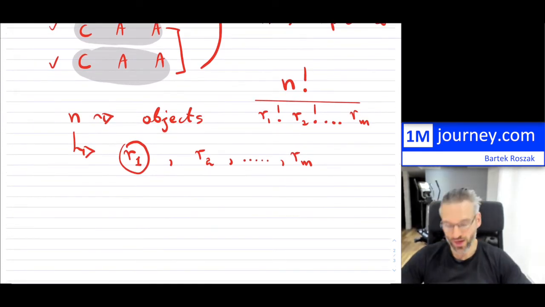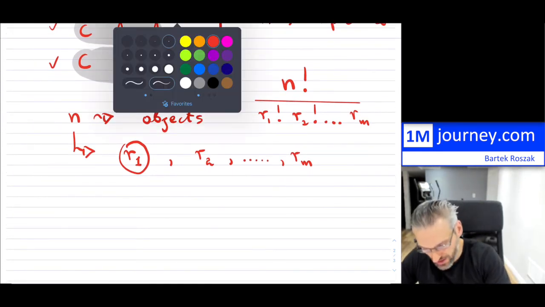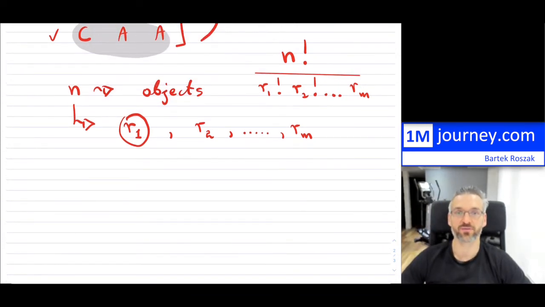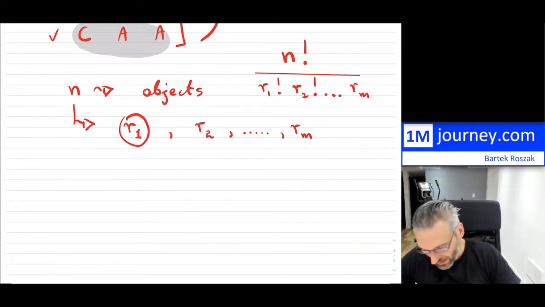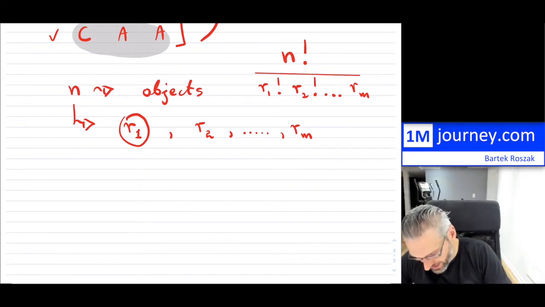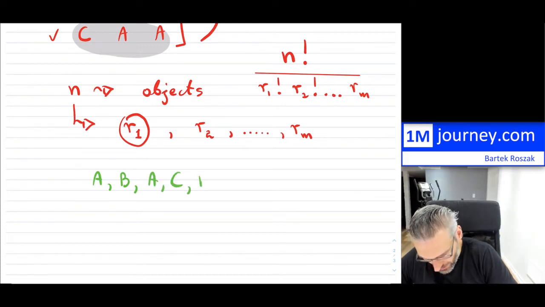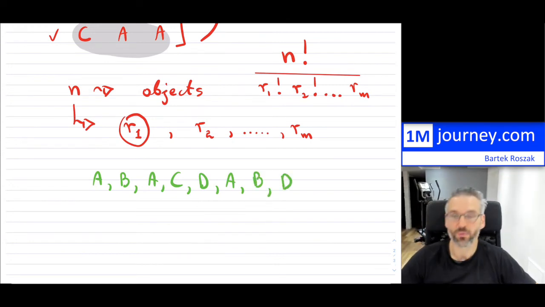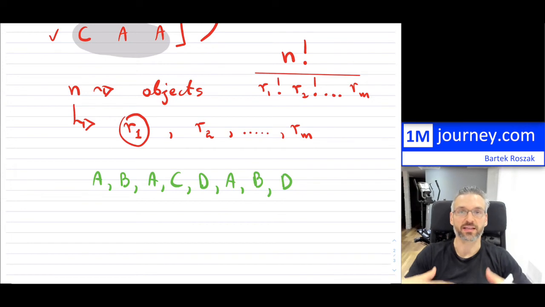So to illustrate this particular concept, let's say I had the following. Let's imagine that now I had, say maybe A, B, another A, C, D, another A, maybe another B, and then maybe another D. Okay, so let's say these were my objects.